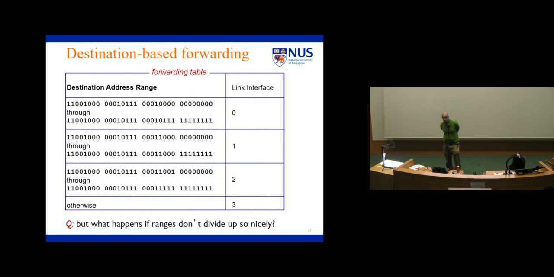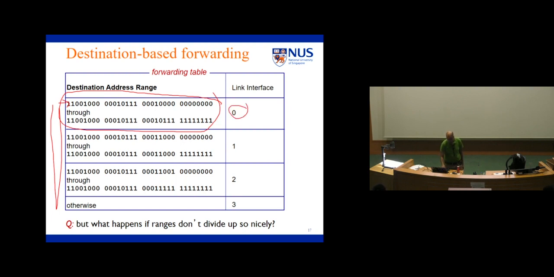In general, wouldn't it be nicer if instead of having a single entry for every IP address, so now I have switched from 3-bit addresses to real-life 32-bit addresses, right? So instead of having 4 billion rows here, wouldn't it be nicer if I could say, oh, everything in this range, if your IP address is in this range, you just need to go to output link 0.